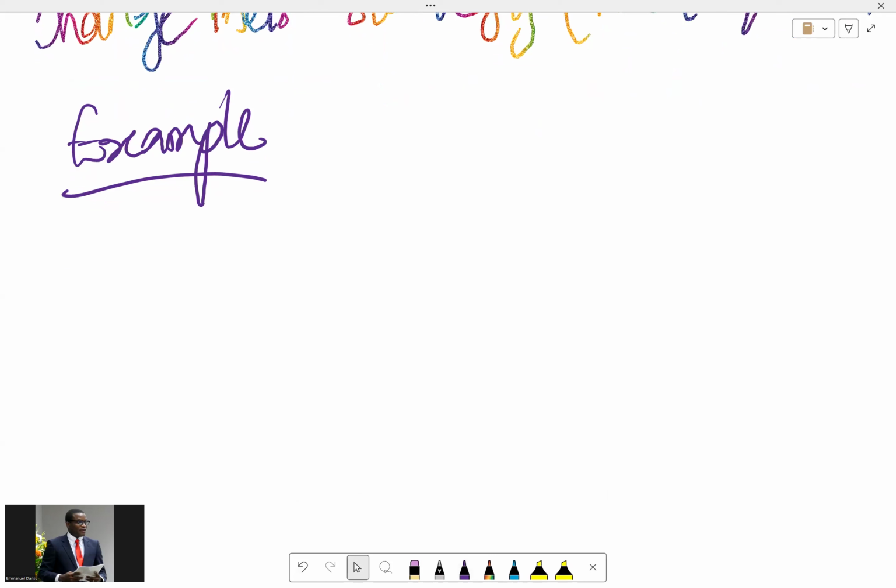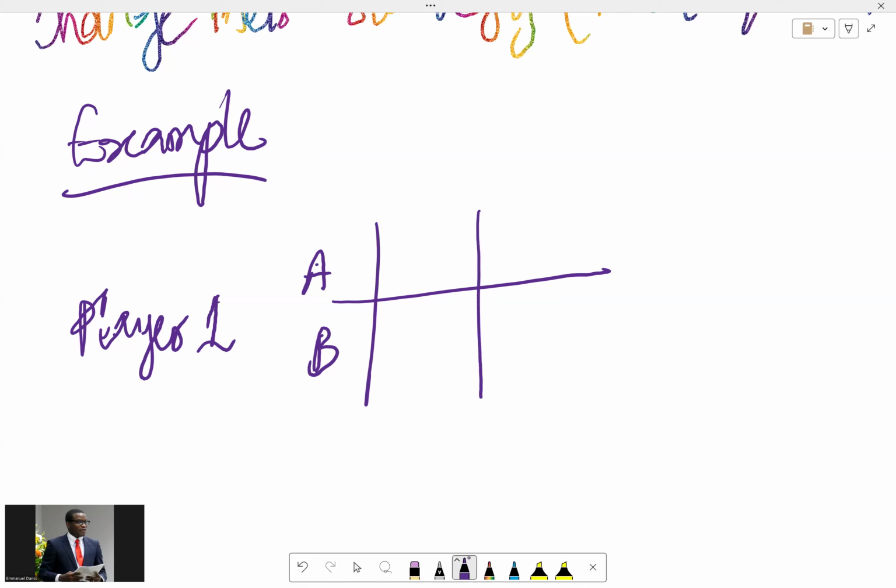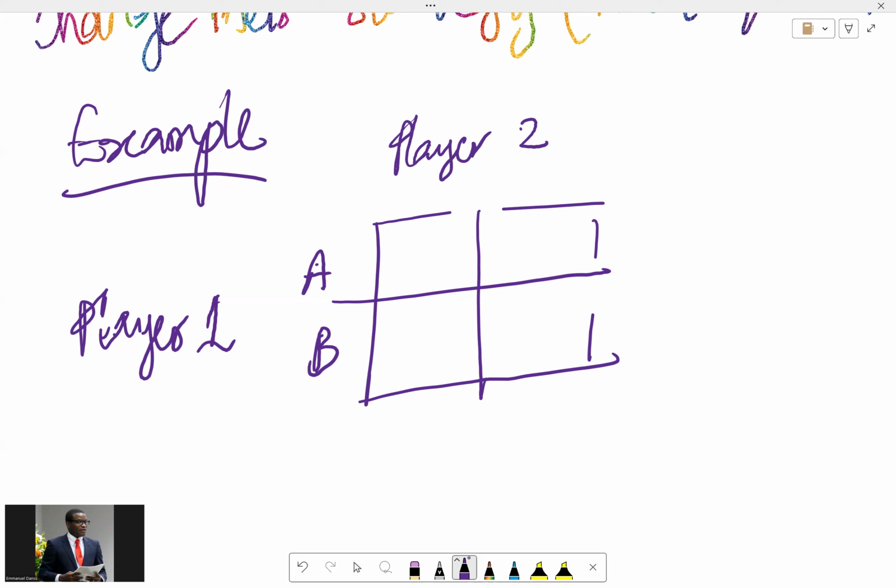So again, let's say we have two players. We have player one with strategies A and B, and then we have player two with strategies X and Y, just like what we had before.